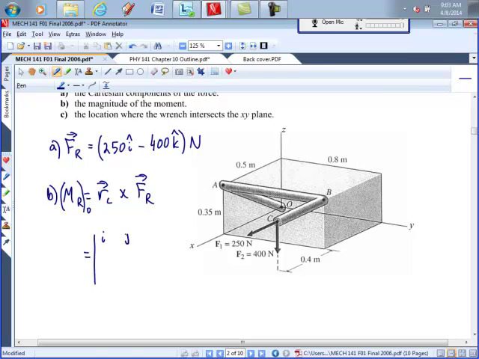So we would put the i hat, j hat, k hat on the top row of the matrix, and the components of the position vector on the second row. The position vector here at C looks like 0.8 along the x-axis. Sorry, 0.5 plus 0.4, 0.9 along the x-axis. I should look at my notes. Right, it's 0.5 to here, and then another 0.4 to here. So positive 0.9 meters. Along the y-axis is going to be the 0.8 meters.